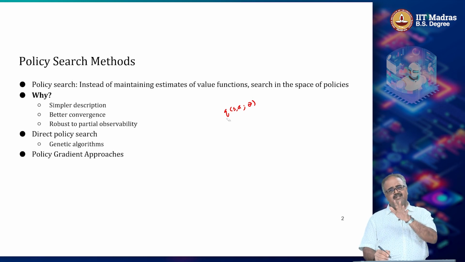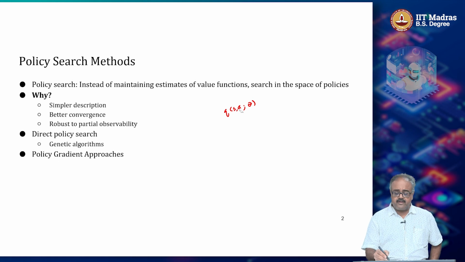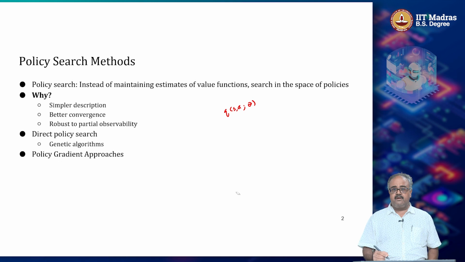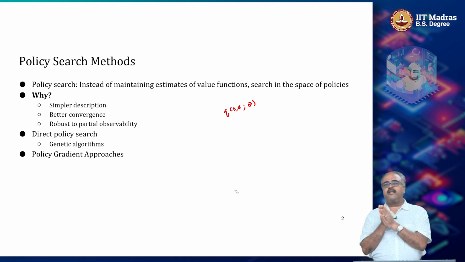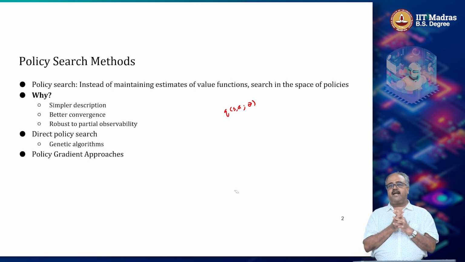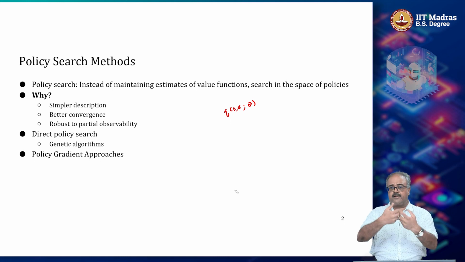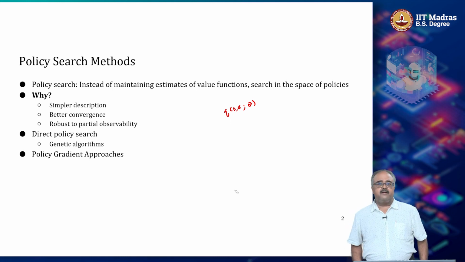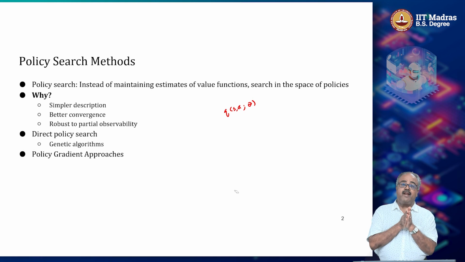I mean, let's not worry about the underlying mathematics of it, but you can still use a Q function where a is continuous, because you are just plugging in the a value to the Q function, so it is fine, right. It is like any other function that takes a real argument. So, you can take state and action as an argument to Q and it will return some value. So, you can imagine it being defined like that, but it turns out that value function based methods are notoriously hard to make work with continuous actions, right.